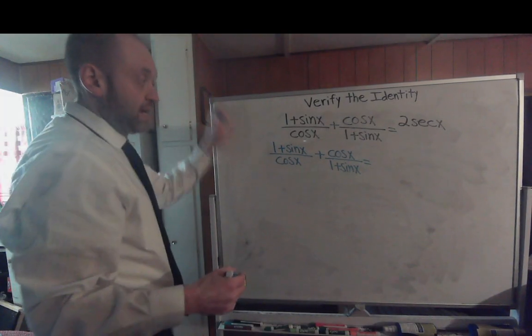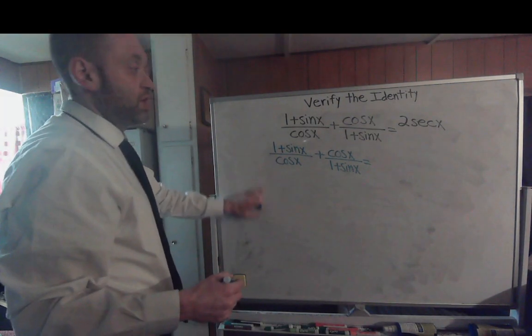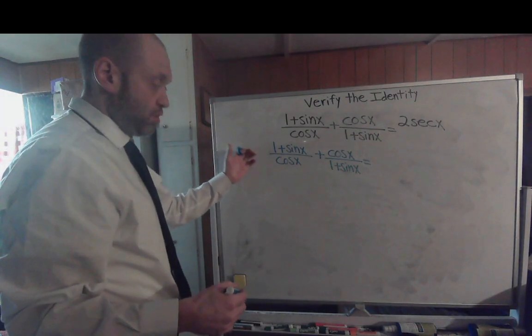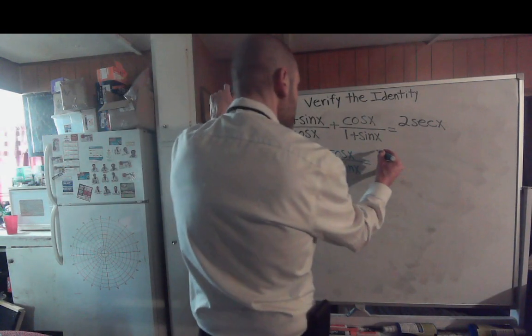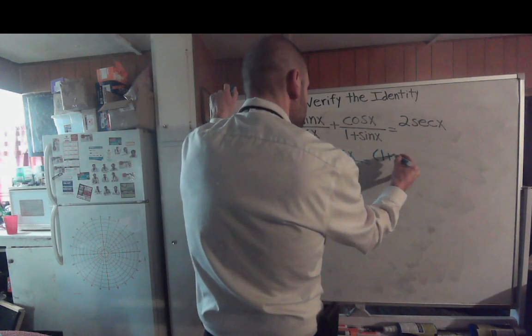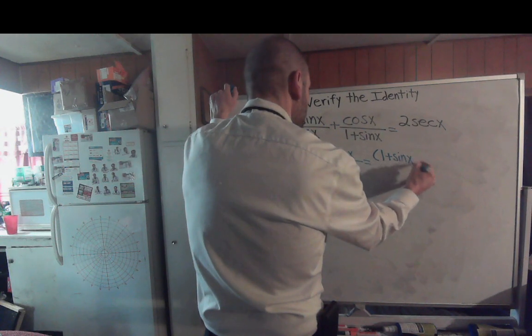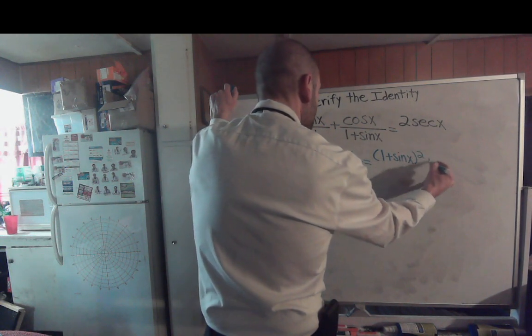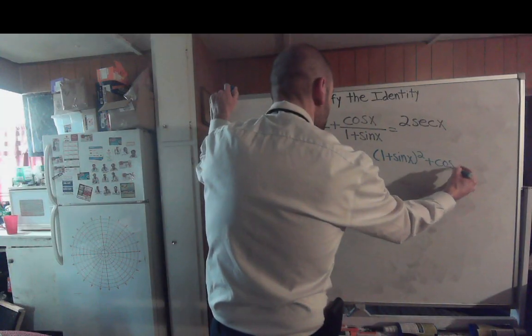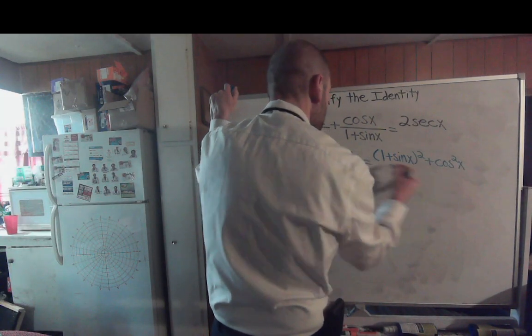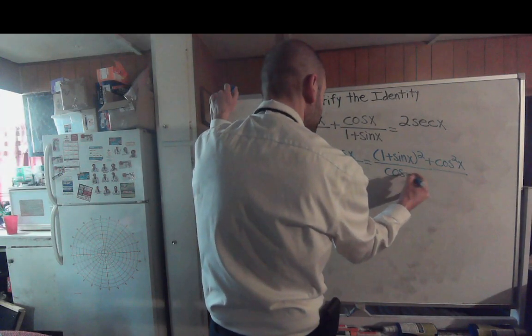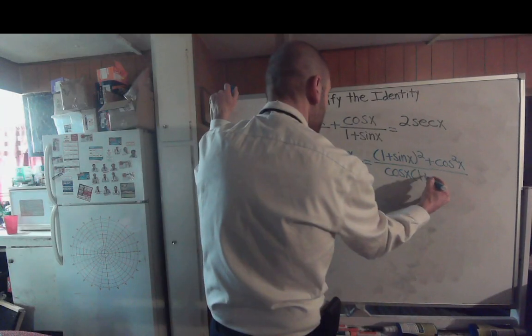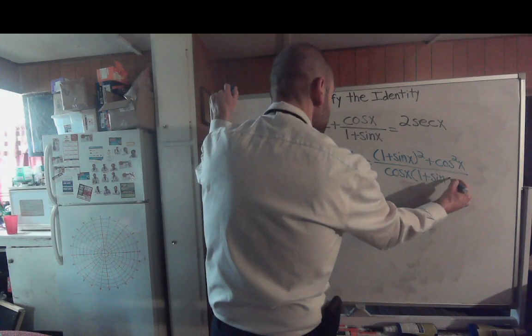Now, we want to get a common denominator, right? So you have to multiply both fractions by the respective other denominators. You would end up getting (1 plus sine of x) quantity squared, plus the cosine squared of x, all over the cosine of x times the quantity of 1 plus the sine of x.